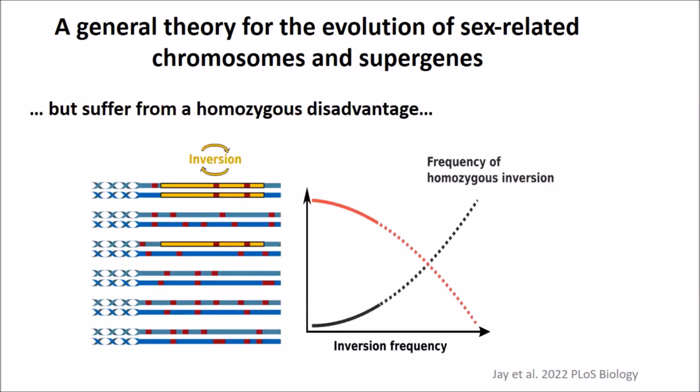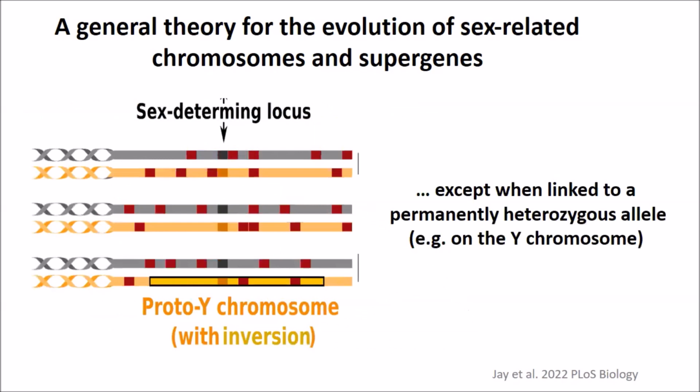But up to a point, because if it becomes too frequent, when it increases in frequency, it can be found as homozygous, and as homozygous, it will express these recessive deleterious mutations. So when it's frequent enough to be frequently homozygous, it will have a disadvantage and it cannot reach fixation. Except if by chance this inversion also carries a permanently heterozygous allele, like the male sex-determining allele on the Y chromosome.